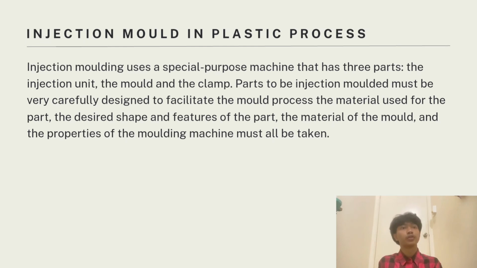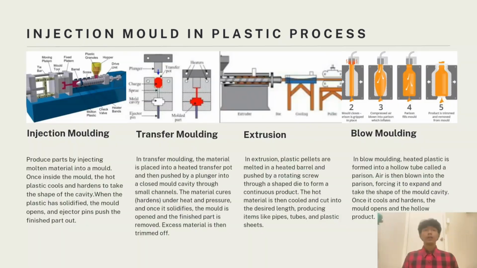The material used for the part, the desired shape and feature of the part, the material of the mold, and the properties of the molding machine must all be taken into account. So this is injection mold in plastic process.